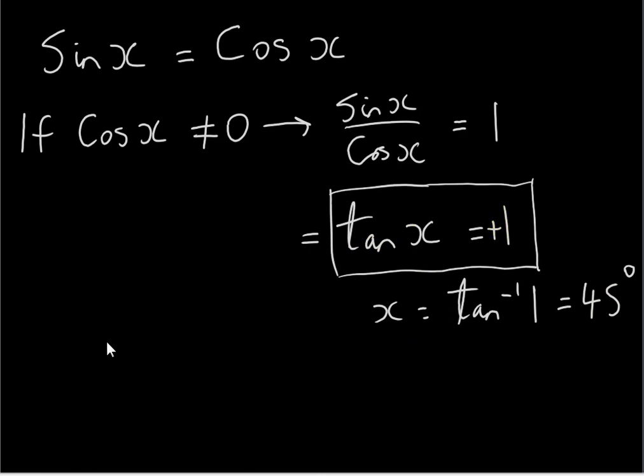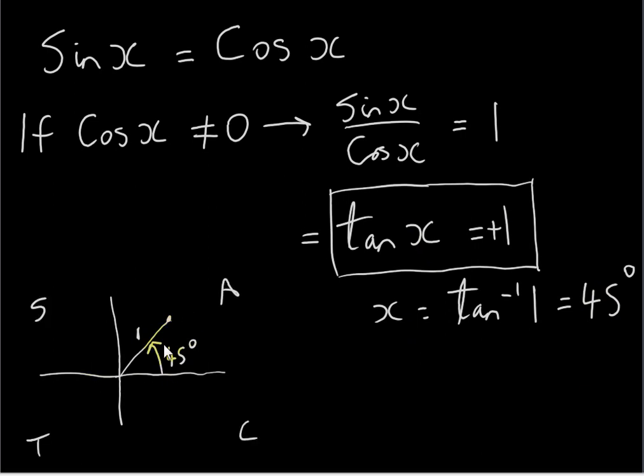And to see that, we go to the unit circle. First of all, indicate the acute angle that your calculator gives you. So we want the tan function to be positive.